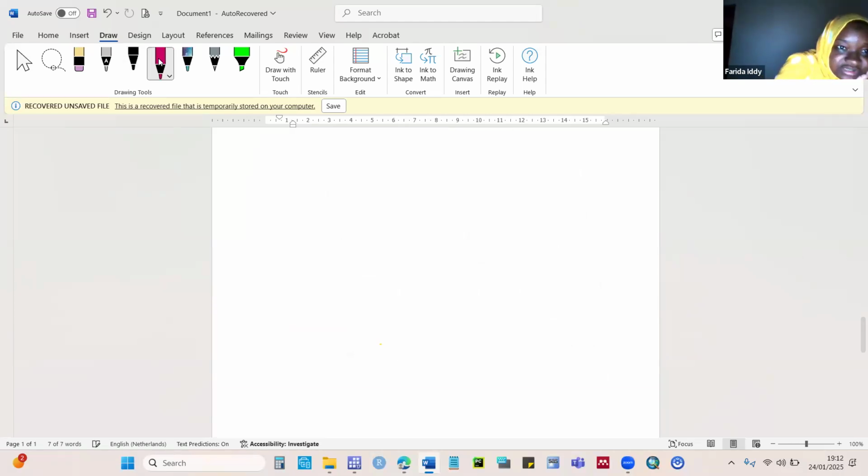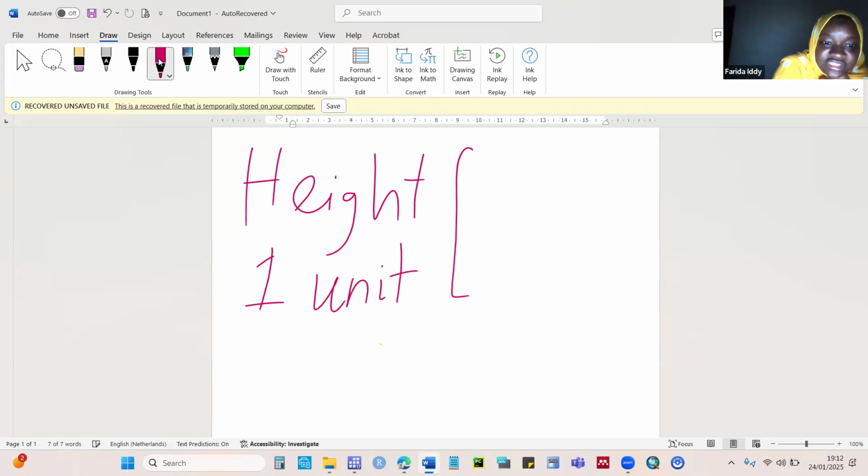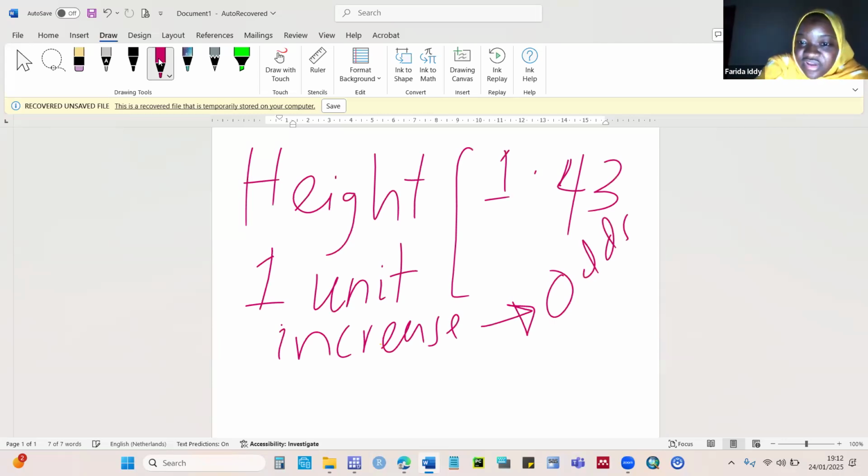For our numeric, let's say 8, we say 1 unit increase results in, for example, if you get 1.43, then it will just increase the odds of having the disease by 43%.